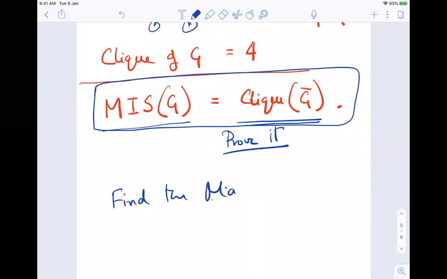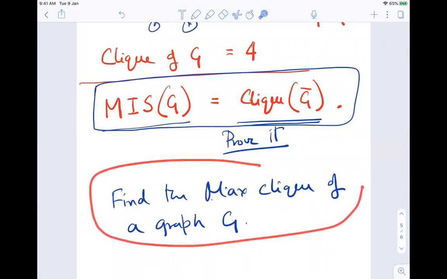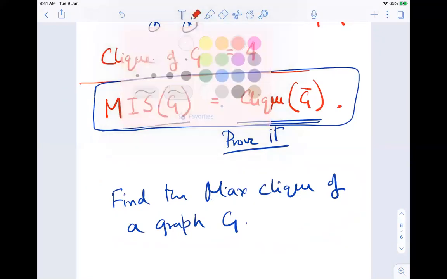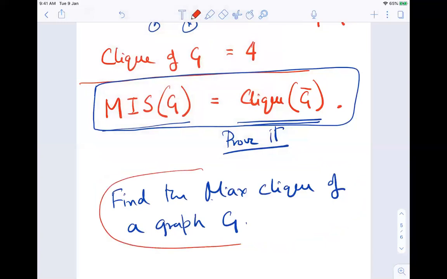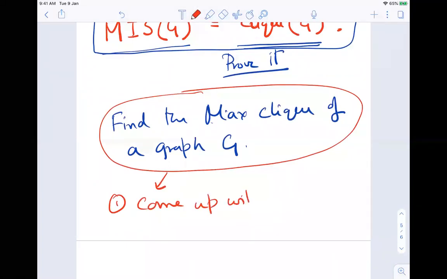Find the max clique of a graph G. This is also a similar kind of question, and I want you to again come up with an algorithm. First of all, come up with an algorithm.